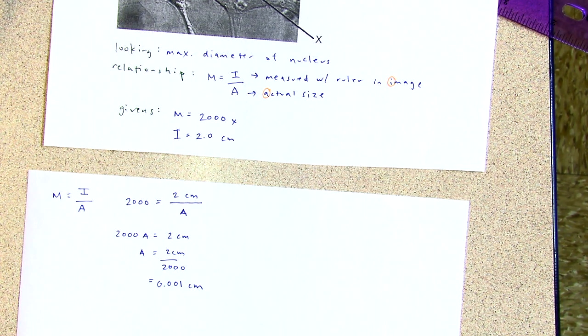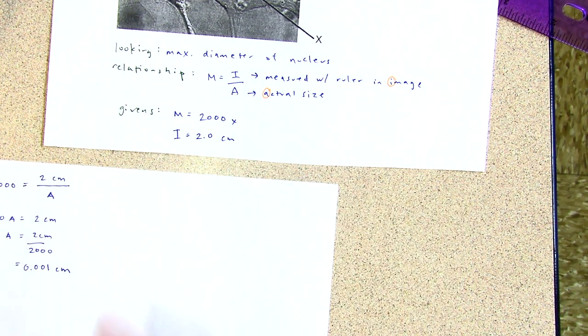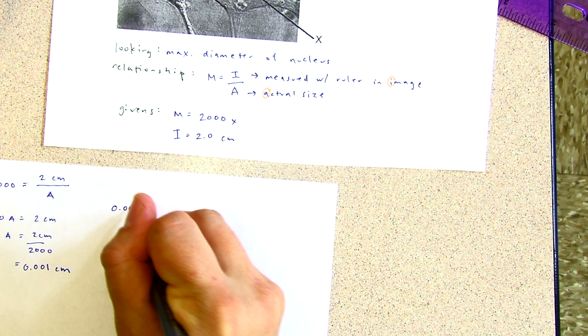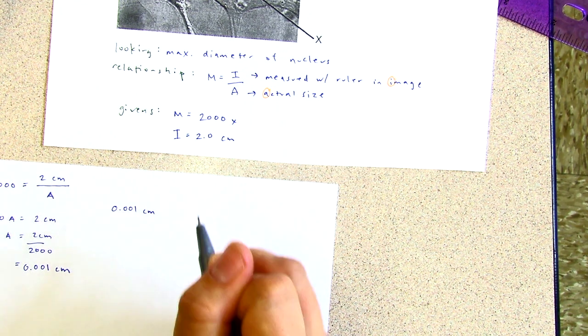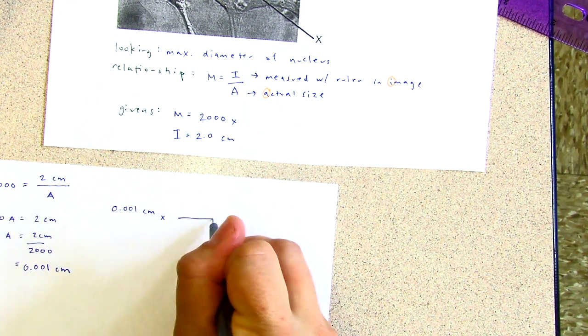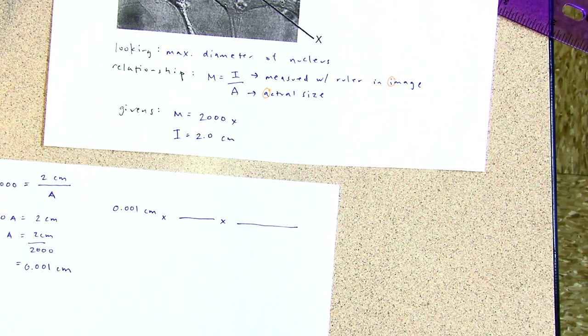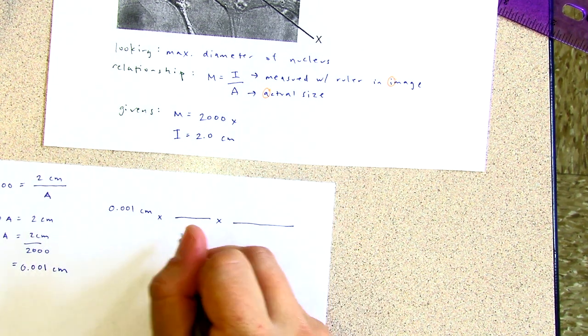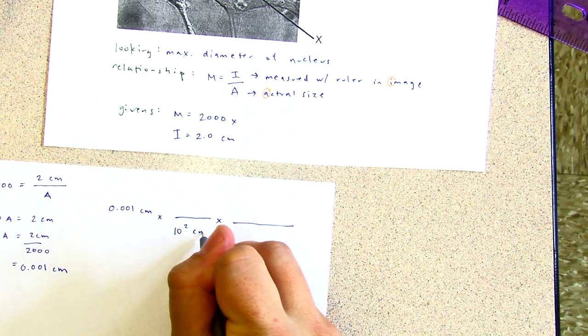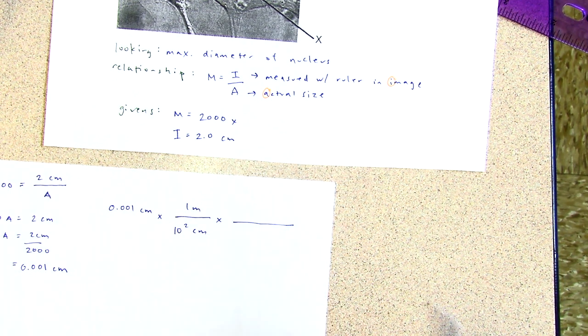So you might have a shortcut, but I'm going to do it kind of the long way in the way that I prefer. We're converting centimeters to micrometers. So there's 100 centimeters in a meter.